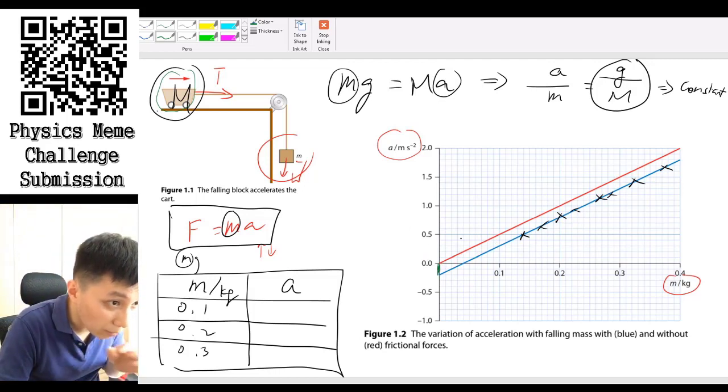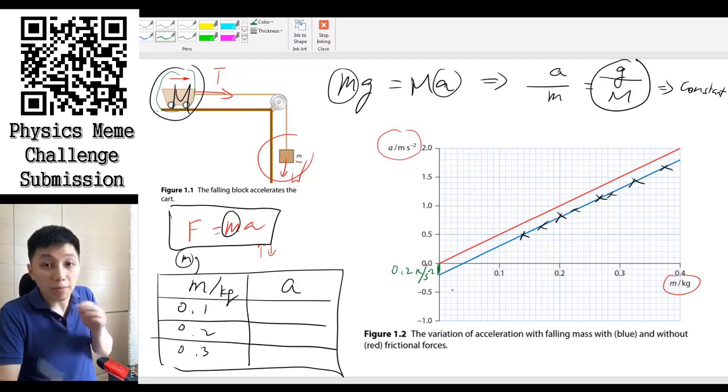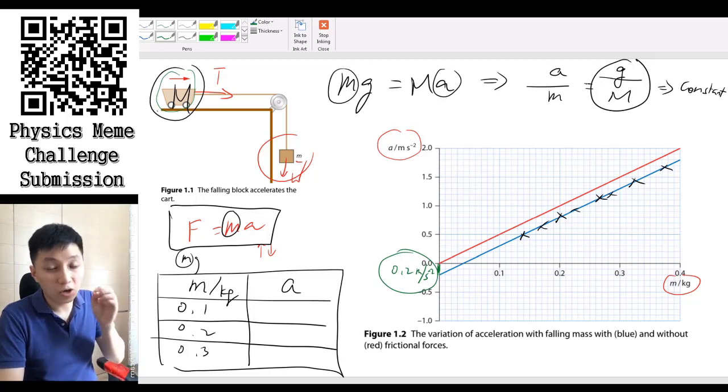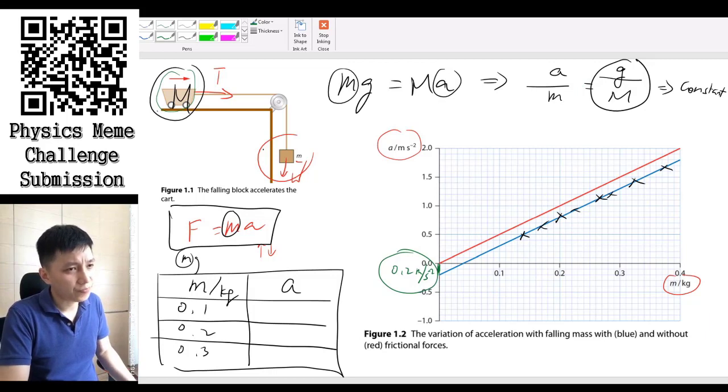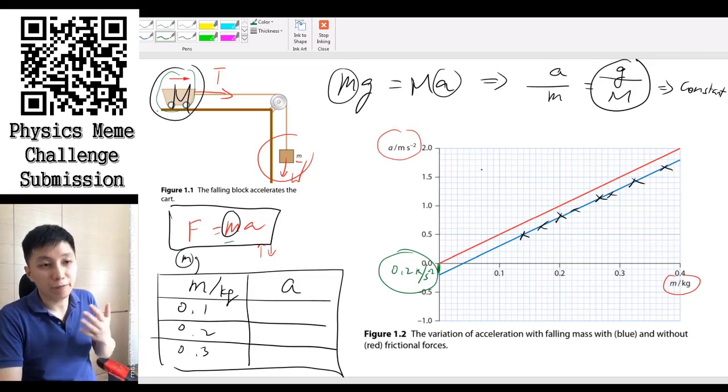That should be about 2 grams, and that should be 0.2 meters per second squared. Okay, but this is not in Newtons, of course, but you can use this to calculate the corresponding value, because you can calculate this by multiplying with the big M. So you can then evaluate the friction.